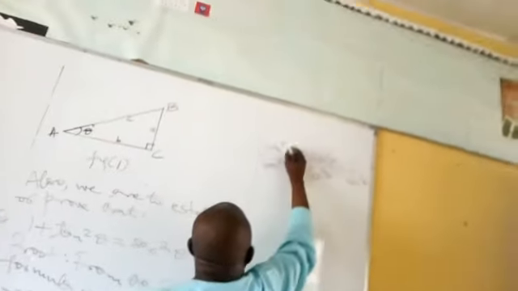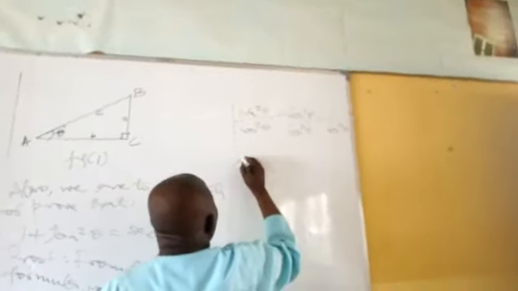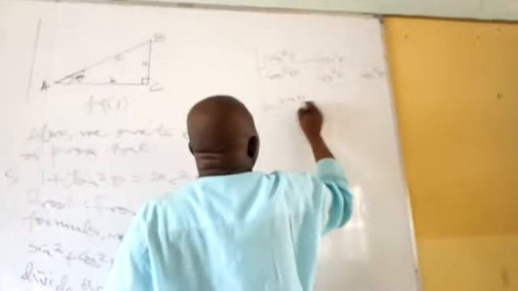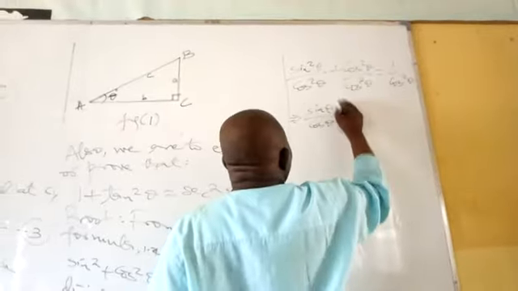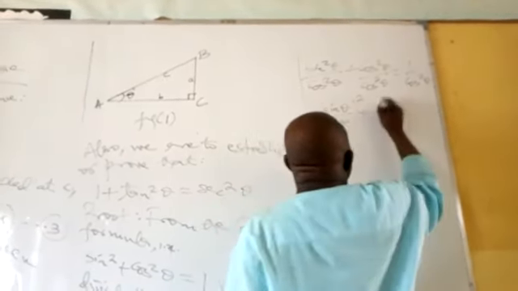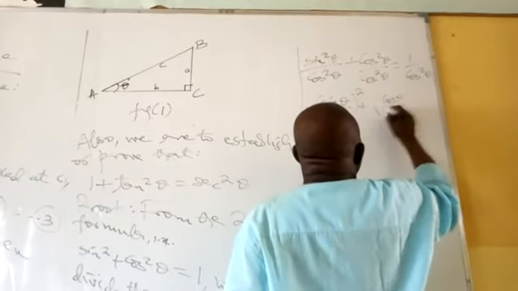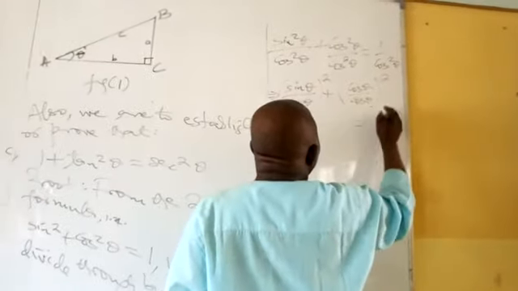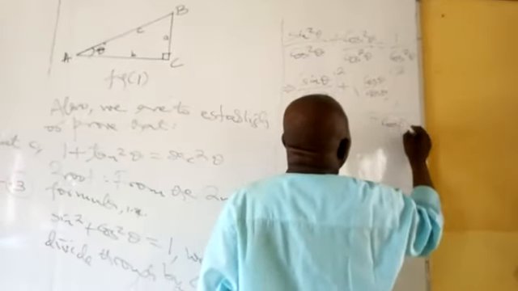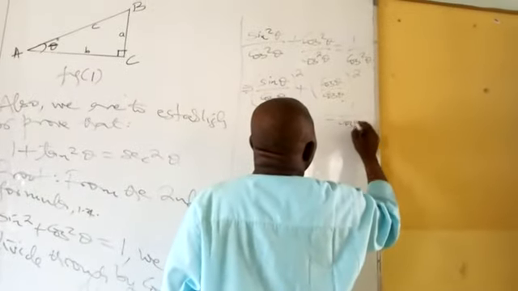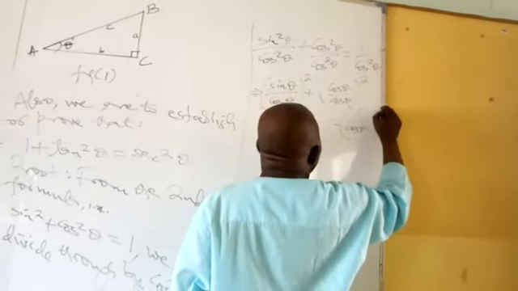So this means that (sine theta over cos theta) all square plus (cos theta over cos theta) all square is equal to 1 over cos square theta, or (1 over cos theta) all square.